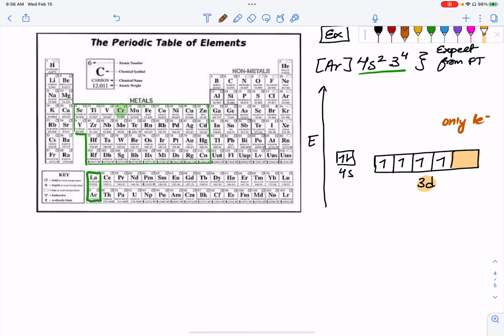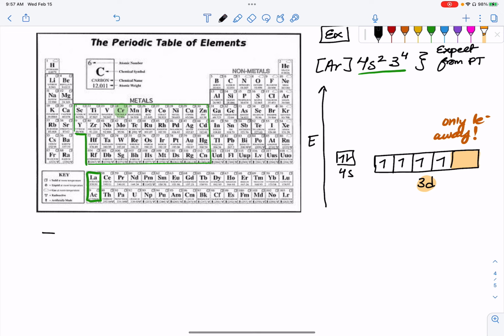It is only one electron away from being nice and stable. In fact, that stability is so desired by chromium that it's going to do something to achieve that stability.